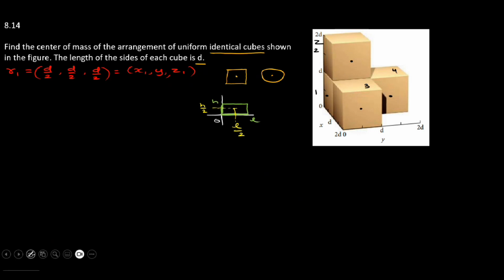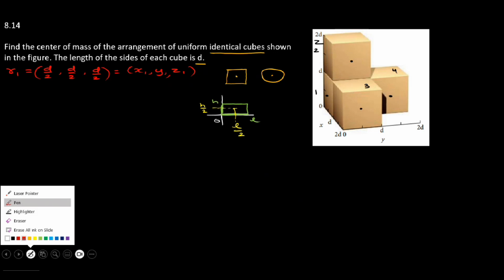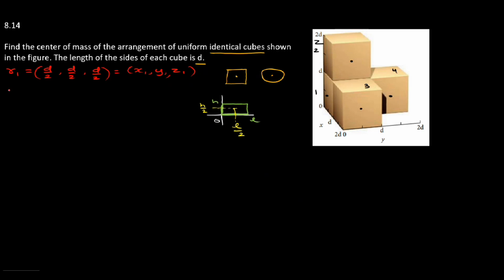So if I were to find the coordinates of the center of mass for cube 2, the x and y coordinates will still be the same. I can write r2. The x and y coordinates will still be at the midpoint, which is d by 2 and d by 2. But since it is displaced along the z-axis, I need to do some more calculation to find the position of the center of mass along that axis.